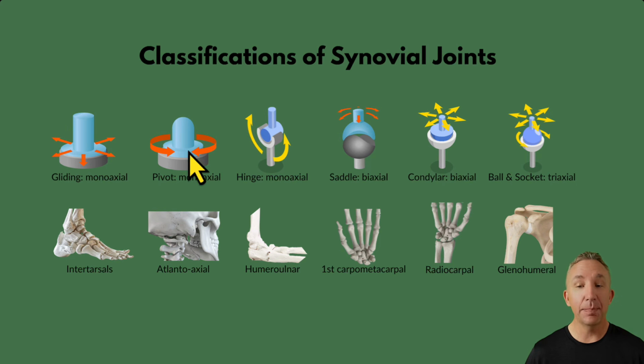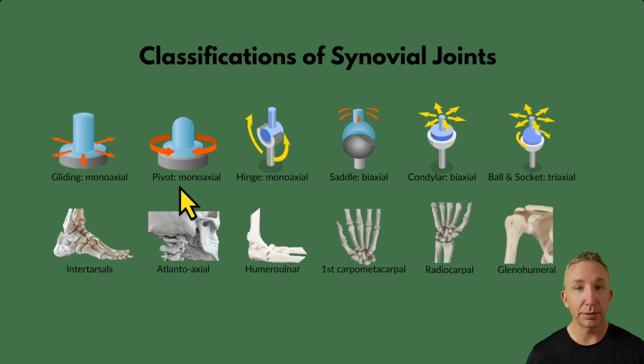When I look at a pivot joint, it is also on one axis, uni or monoaxial, and it's typically when you have a rounded portion of the bone within a ring that's partially articulated with another bone. The best example of this is our atlas to our axis, my two first cervical vertebrae, my C1 and C2.